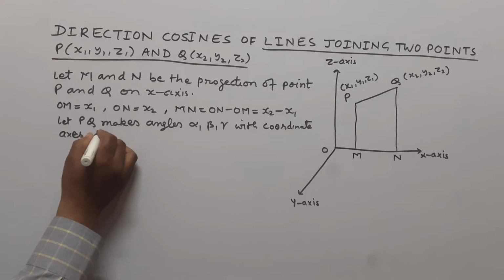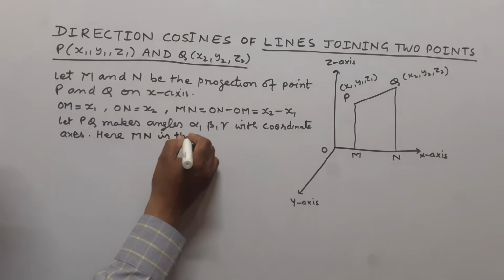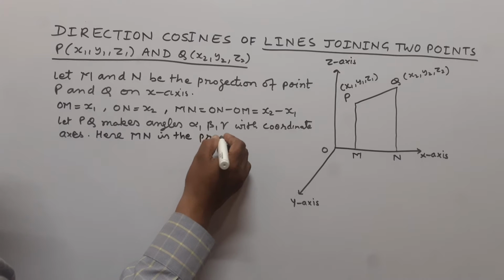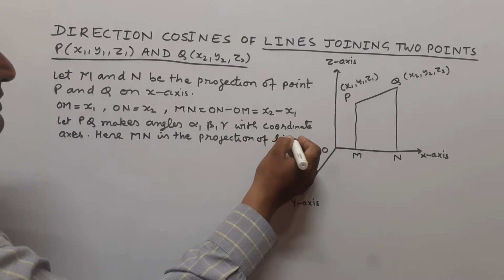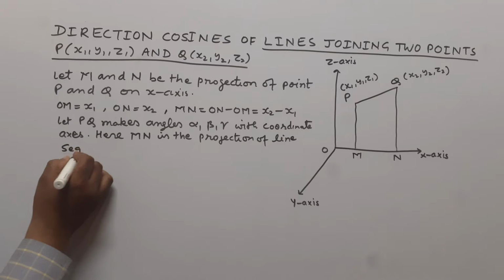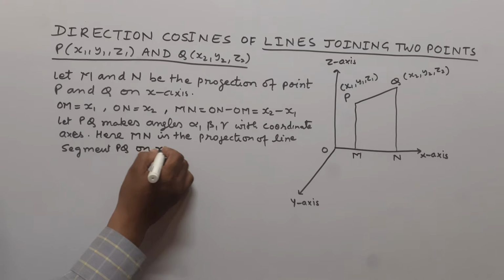Now we can see here MN is the projection of the line segment PQ on the x axis.